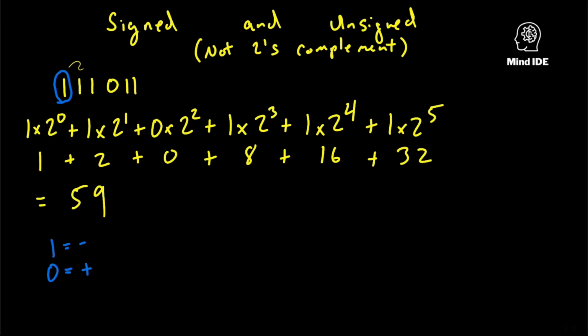So if this was a 0, let's just write that. So if that's 0, 1, 1, 0, 1, 1. We can just do this in our heads. That's 1 plus 2, 3, so 27 should be. So this is positive, 0, so it's positive.